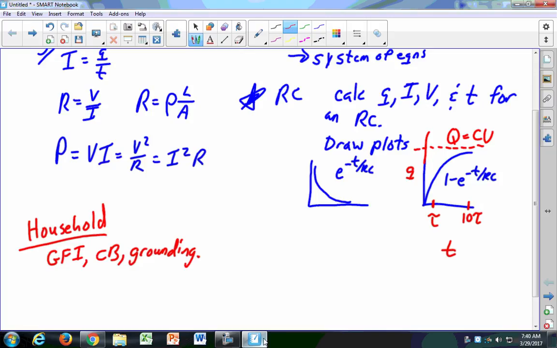The circuit breaker protects our electrical system against overheating, like you get too much current going through it. What it does is it turns off if the current exceeds a certain amount, and it just has a switch that turns off when it does that. And then the grounding provides an alternate ground to the outside.